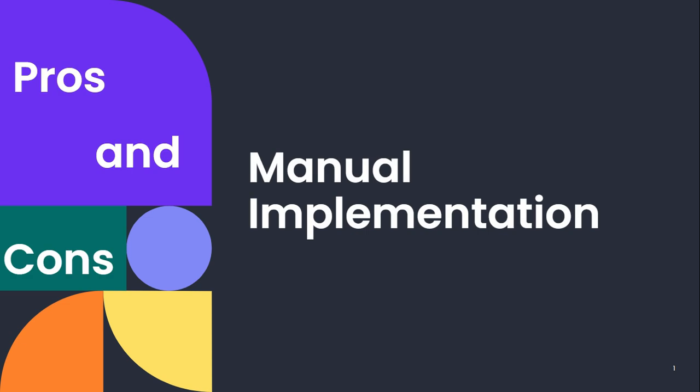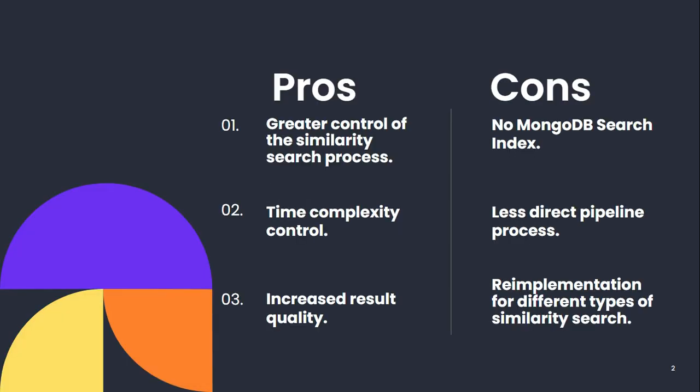Now we will jump into the dot product search manual implementation, pros and cons. Pros: 1. Greater control of the similarity search process. With manual implementation, I was able to retrieve the 5 most similar transactions to the query. I was unable to do that with the MongoDB vector search. 2.